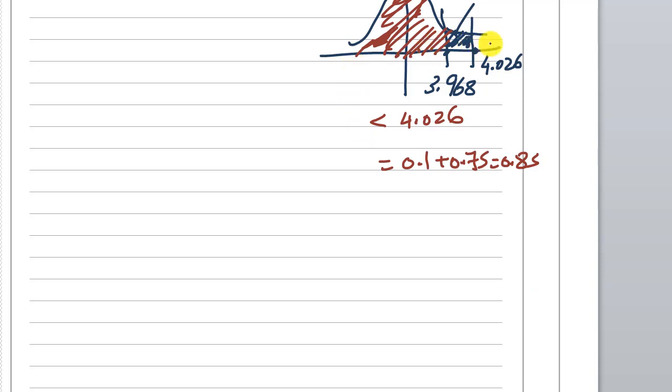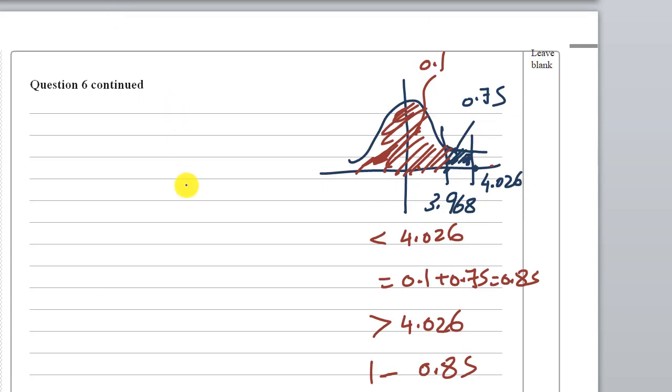So to find this area, which is bigger than 4.026, it will be 1 minus 0.85. It will equal to 0.15. So let us write now the equation for the probability Z is bigger than 4.026 minus mu divided by sigma.